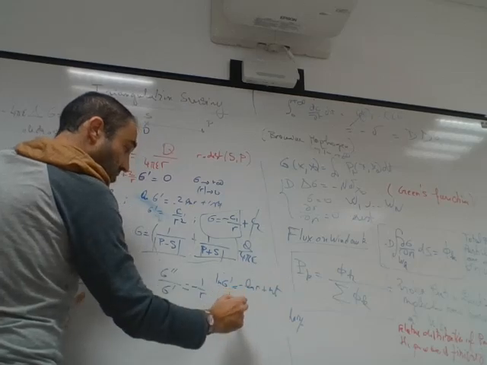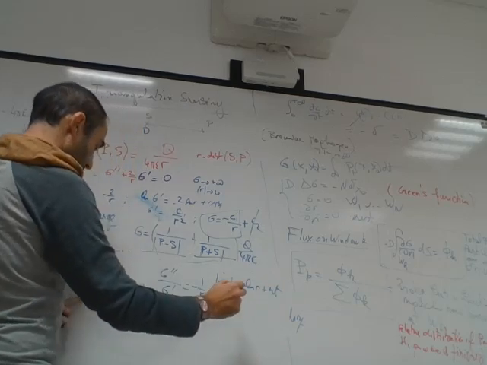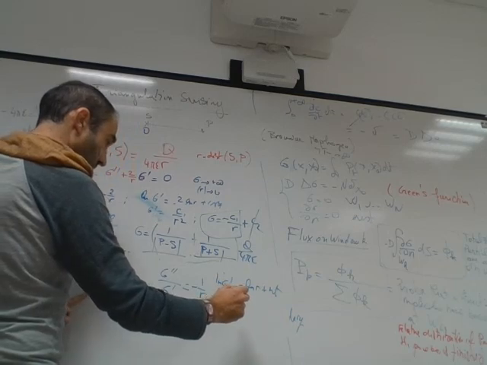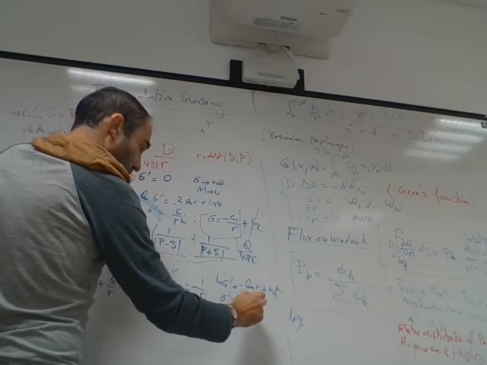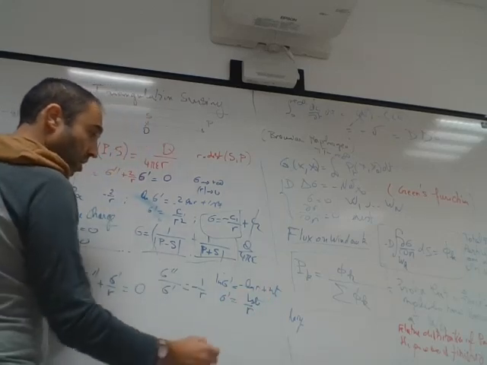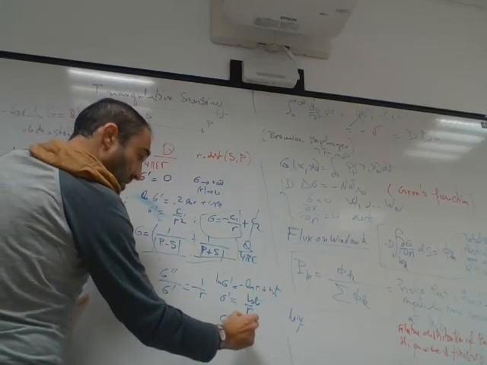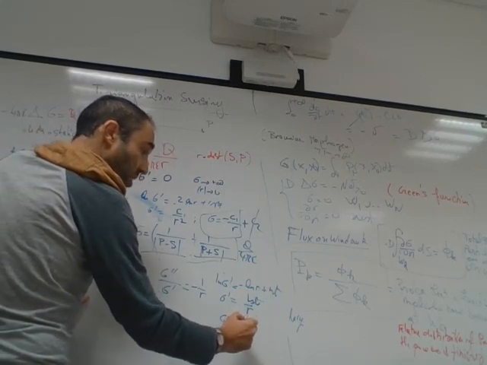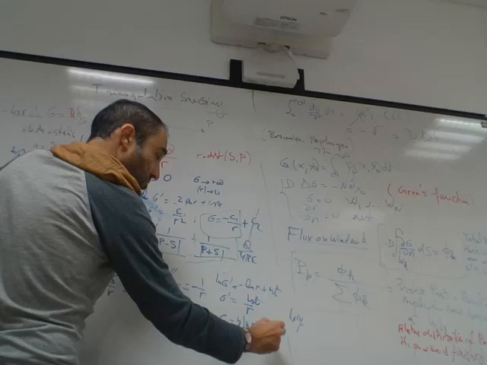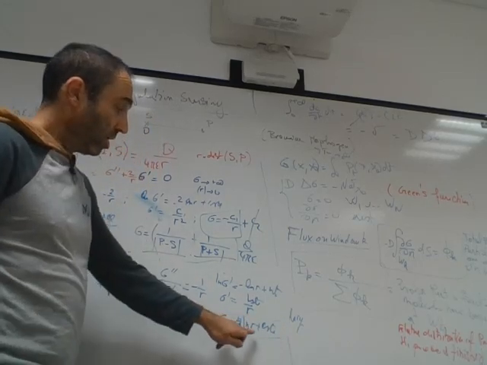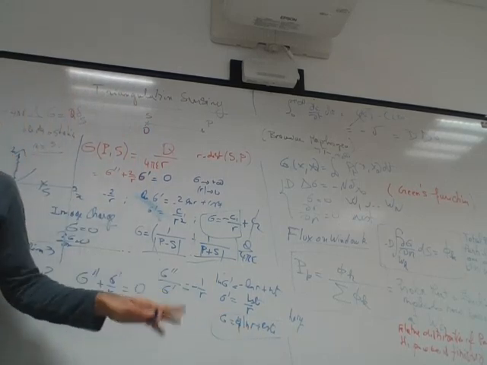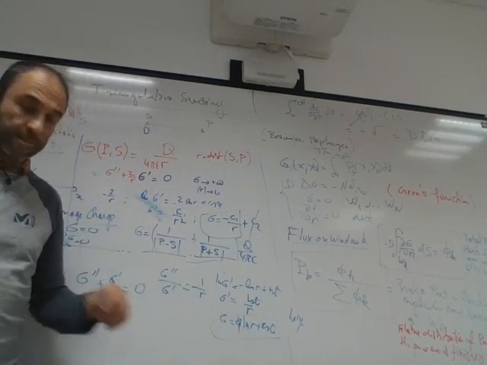So g prime equals minus 1 over r with a constant. You agree? And so g now becomes c1 log of r plus a constant c2. Okay, and so in dimension 2, it's log. It's not 1 over r, it's log. Okay.